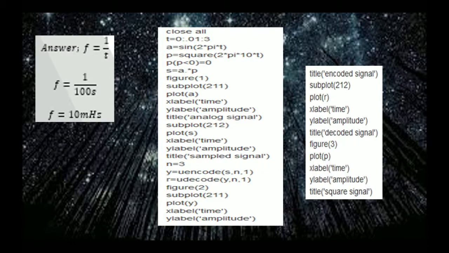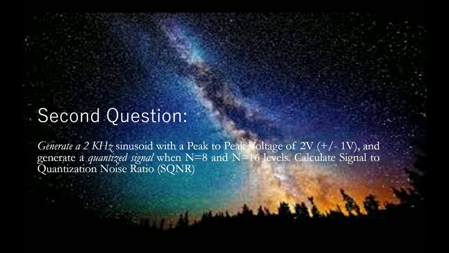This is the MATLAB coding for question 1. And the answer, calculated using the formula 1/T, where T is time and the time is 100 seconds, results in 10 mHz.